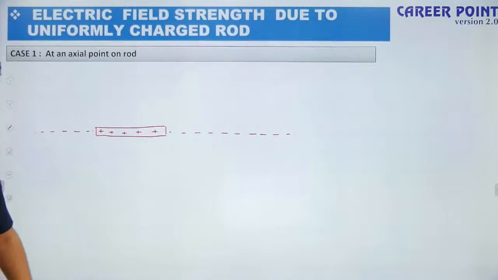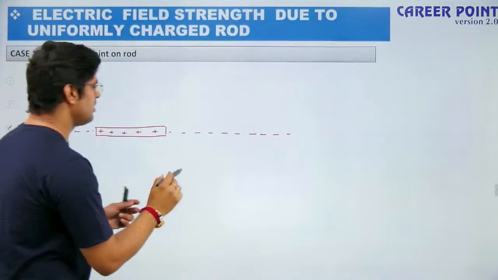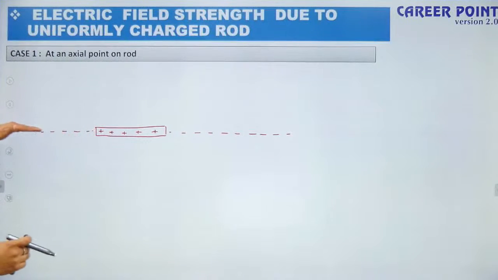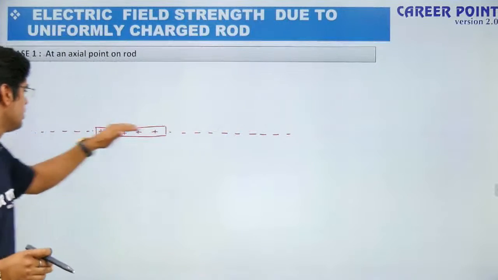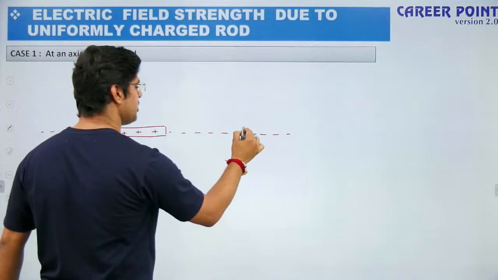This is the axis where the rod is placed. So on this axis I am taking a point P.